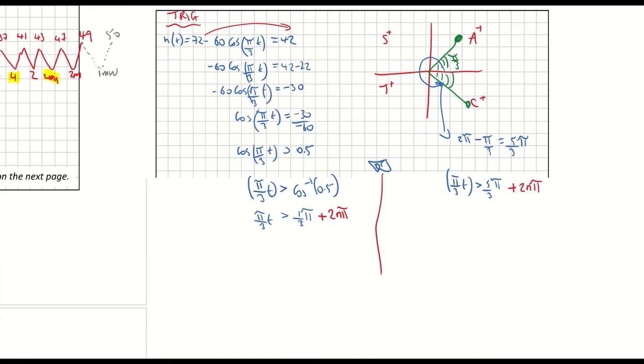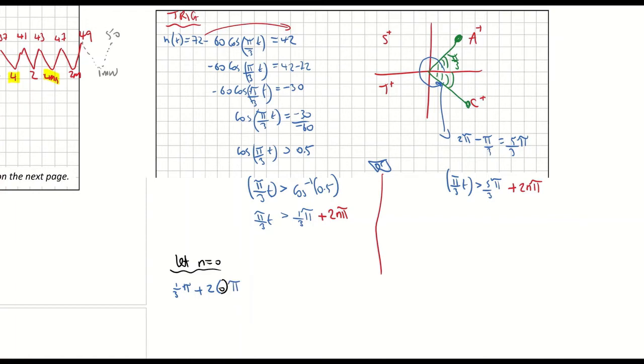So let's start. Let n equal 0, and coming down to my first one here, I'm going to have 1 over 3 pi plus 2 times 0 times pi.